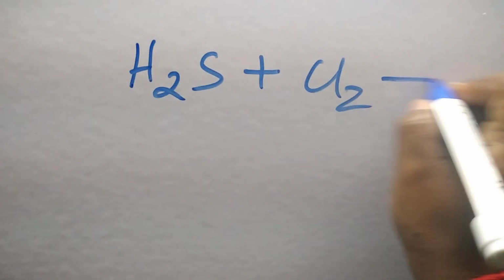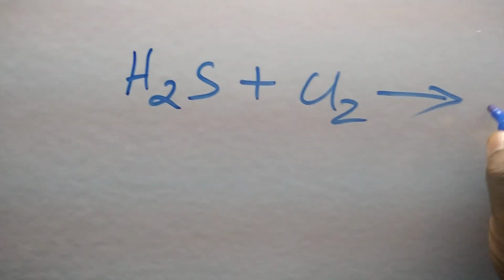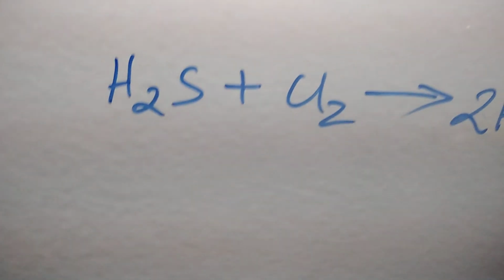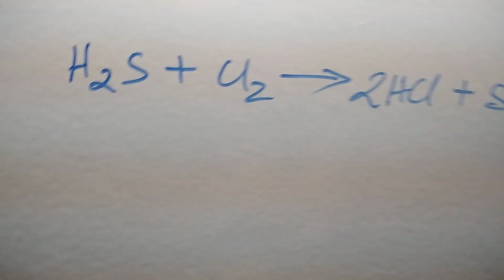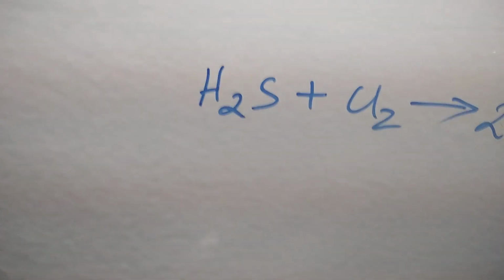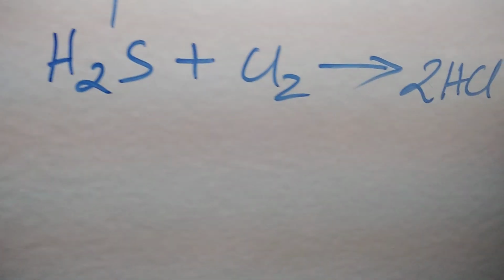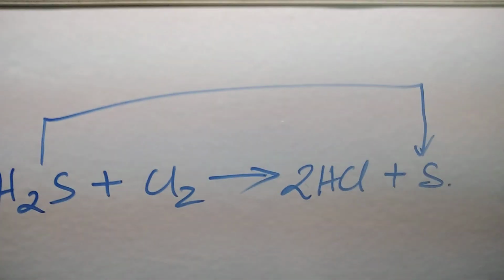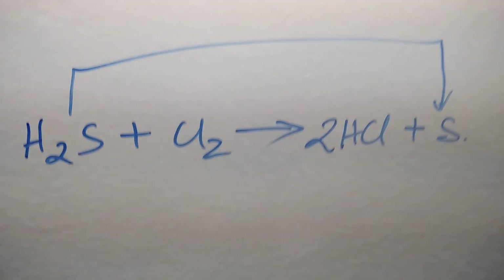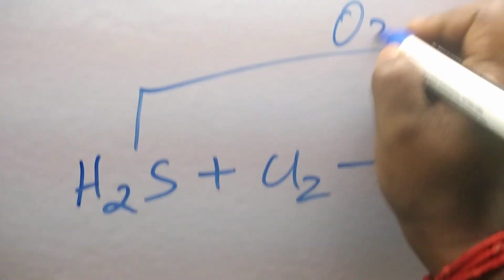see another example. H2S plus Cl2, when it reacts, forms 2HCl and sulfur. See here, H2S is oxidized to sulfur, so it is oxidation.